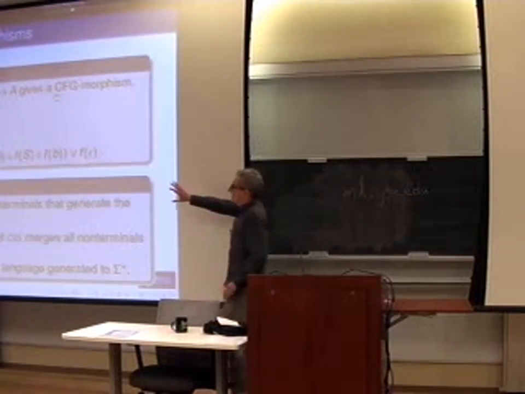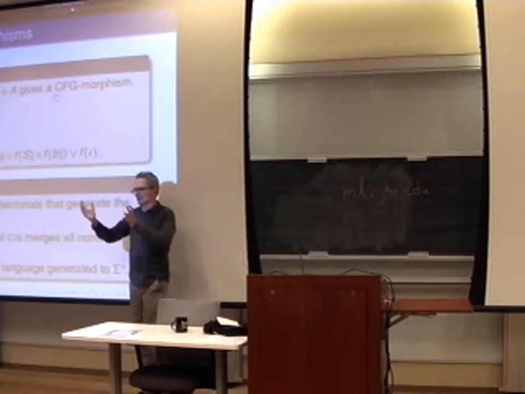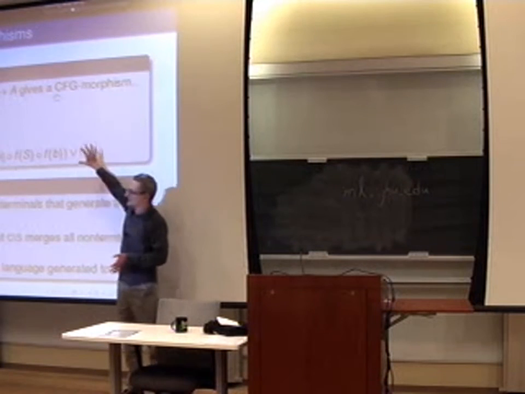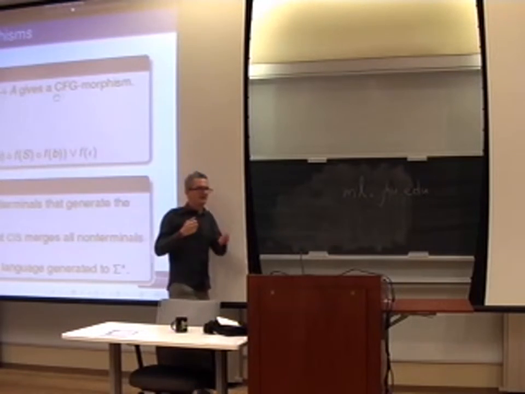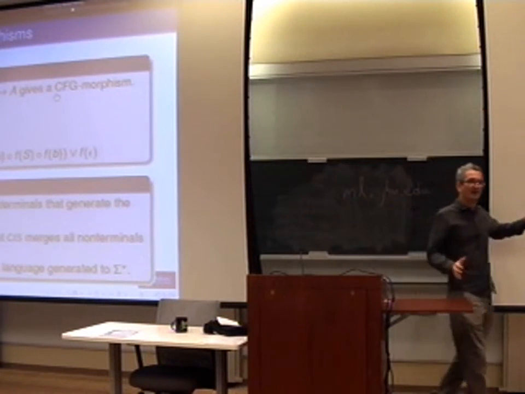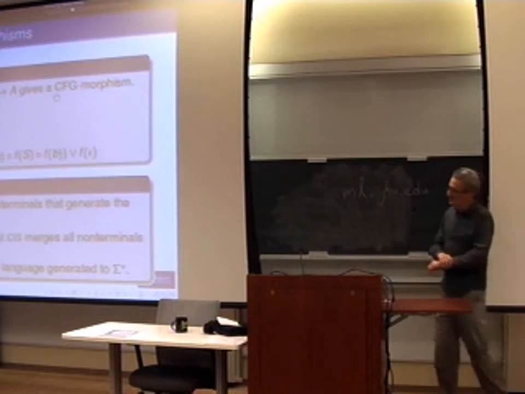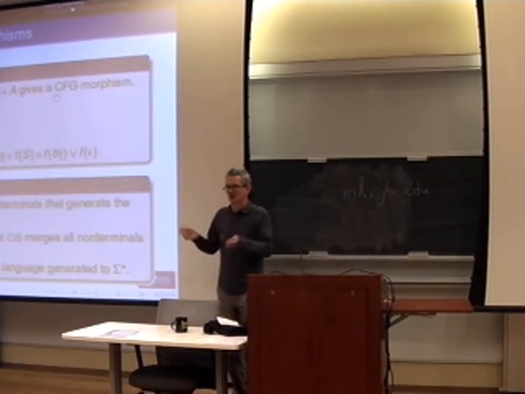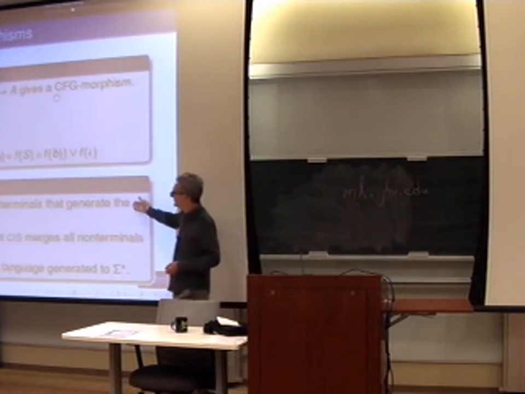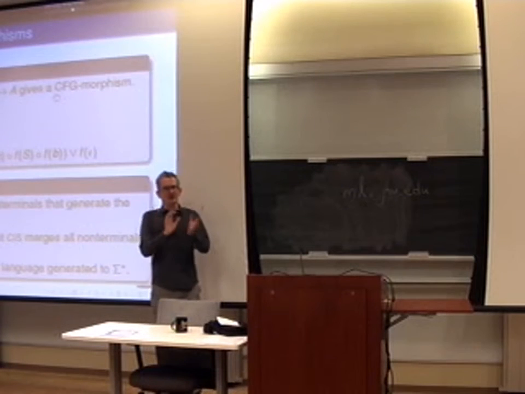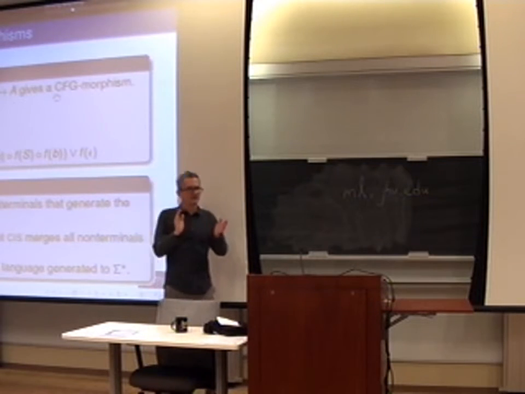So this means that instead of trying to do horrible merging in context-free grammars, we can do nice homomorphisms in our semi-rings. Now, there are obviously two extreme cases here. One case is where we just have the identity map, which doesn't change anything. This is equivalent to the case where we only merge non-terminals that generate the same language. That's not very interesting.